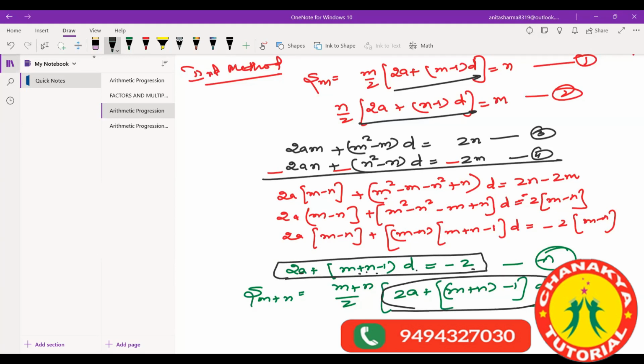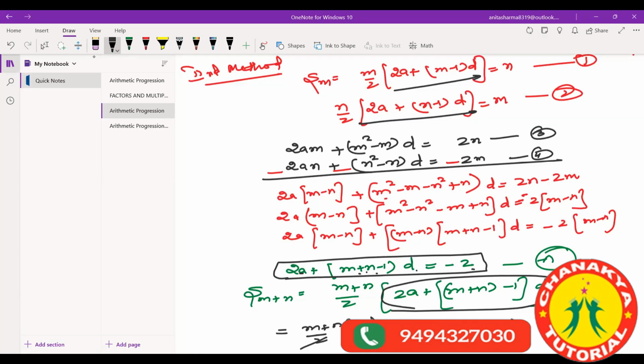So instead of this expression, we will write minus 2. Got it, beta? Yes, ma'am. 2 will cancel. So your answer will be minus of m plus n. So I guess the second method is easier than the first one, right?